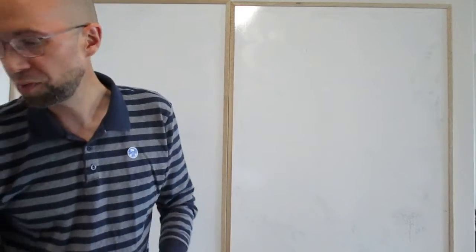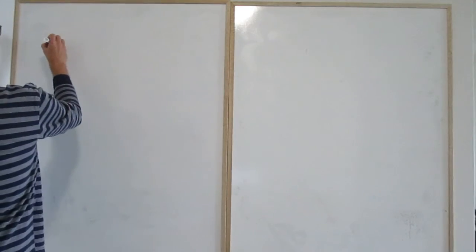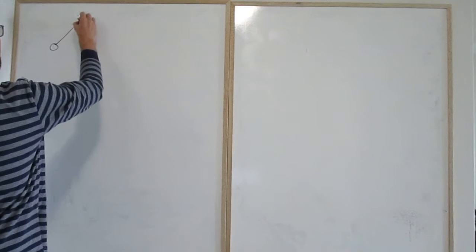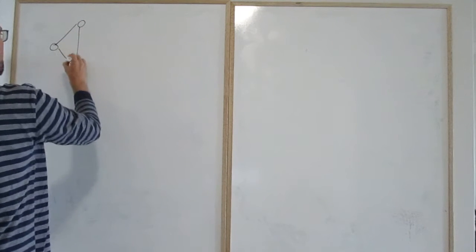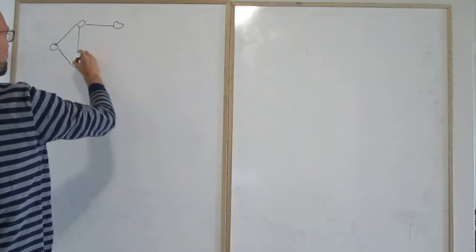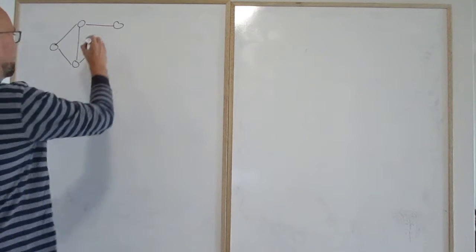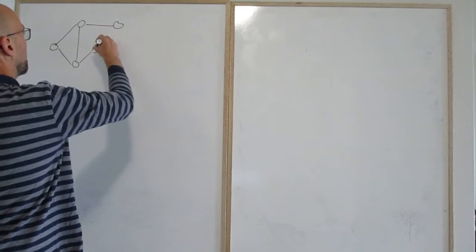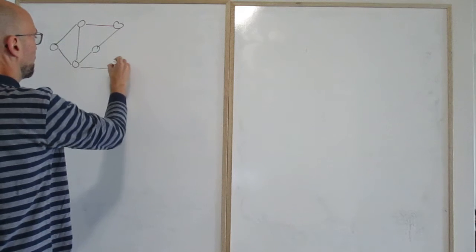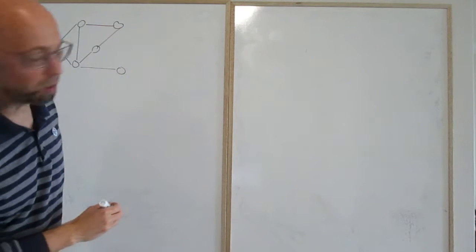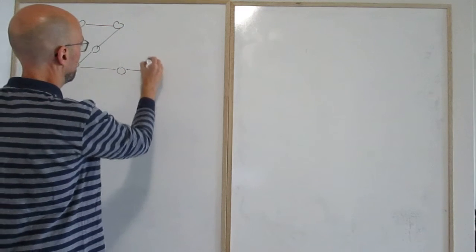So Prim's, once again, we have the same graph, which goes like this. And these two are not connected, and then it goes like this.